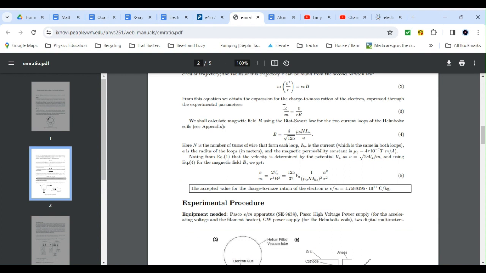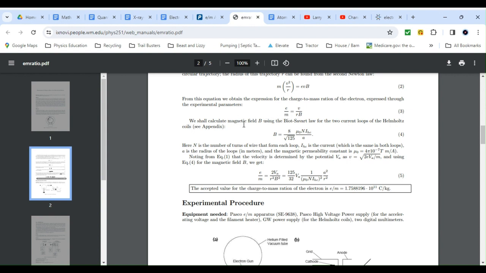Here's the charge of the electron in coulombs. We didn't mention that the units for charge are coulombs, and I did mention Coulomb's law.